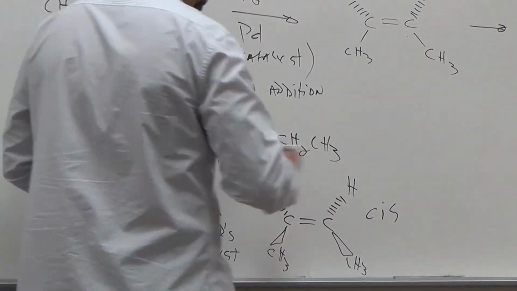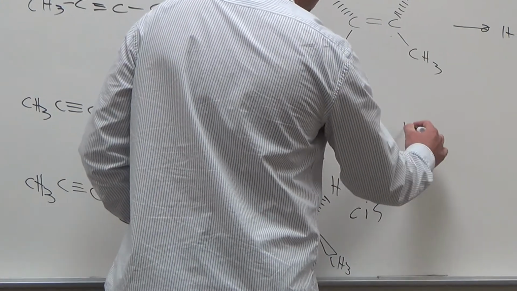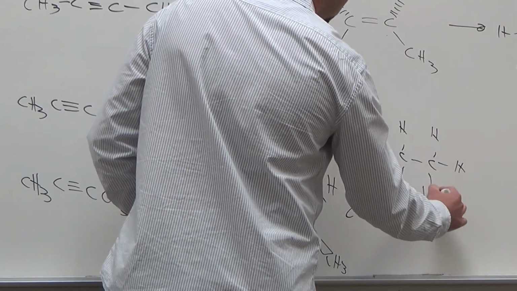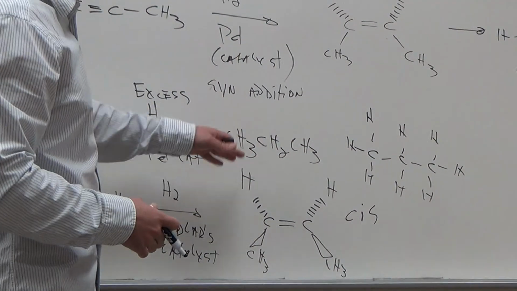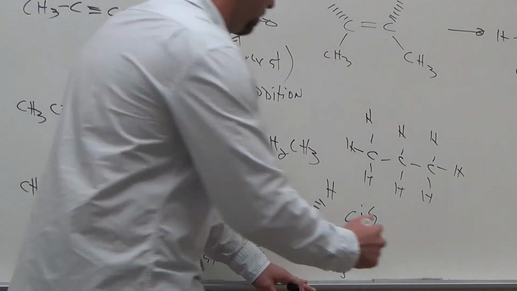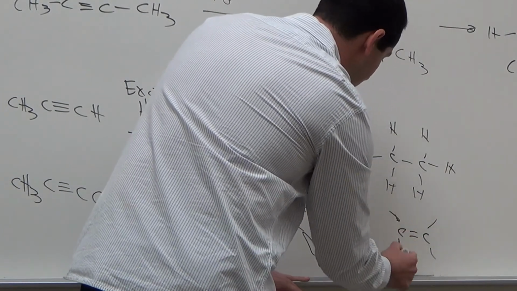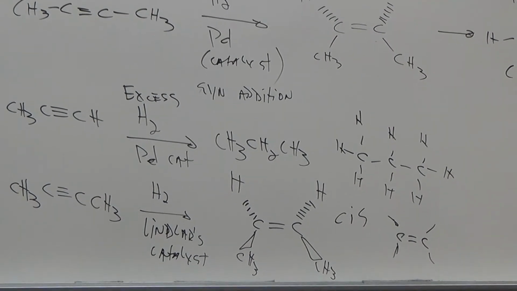Yes. Is this correct? Yes. If that's correct, I give you credit. If you write this like this, I give you credit. And if you write it like this, without putting the dash and the wedge, I still give you credit if you draw it cis. Okay.